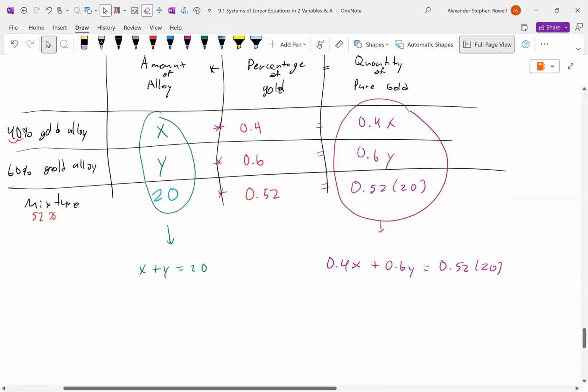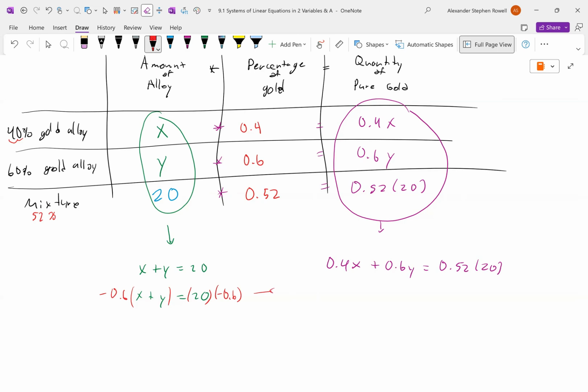Do you want to use substitution or elimination? Okay, so what should I multiply the green equation by? Do you want to eliminate the x variable or the y? Sure. So I should multiply by what? Negative 0.6. That gives me negative 0.6x minus 0.6y is equal to negative 12.